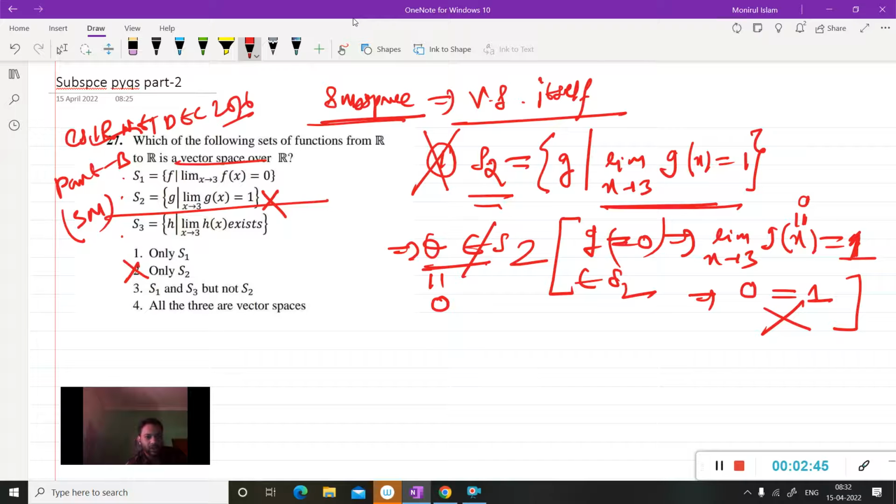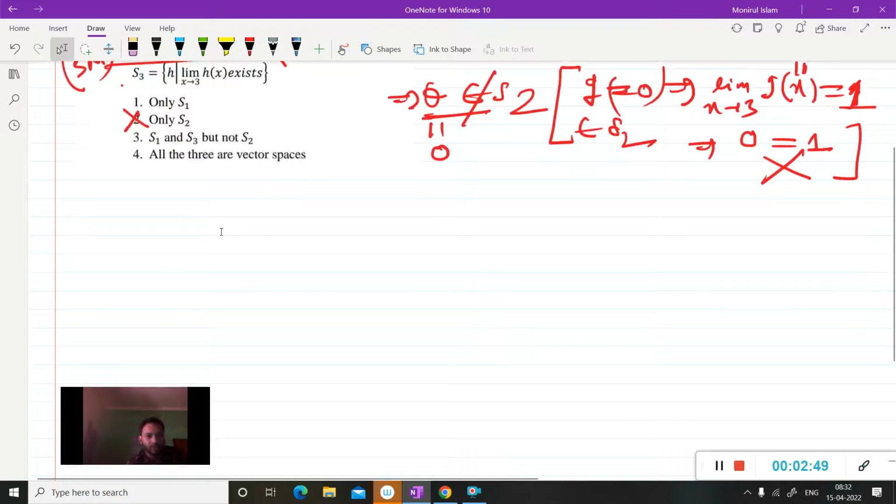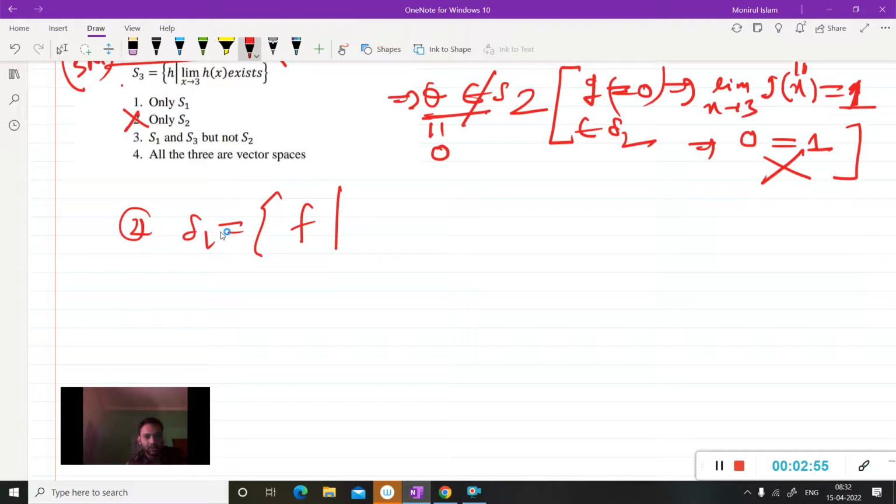Now S1 and S3 are left. So I am first doing S1. What is S1? Those functions for which the limit as x tends to 3 of f(x) is 0.